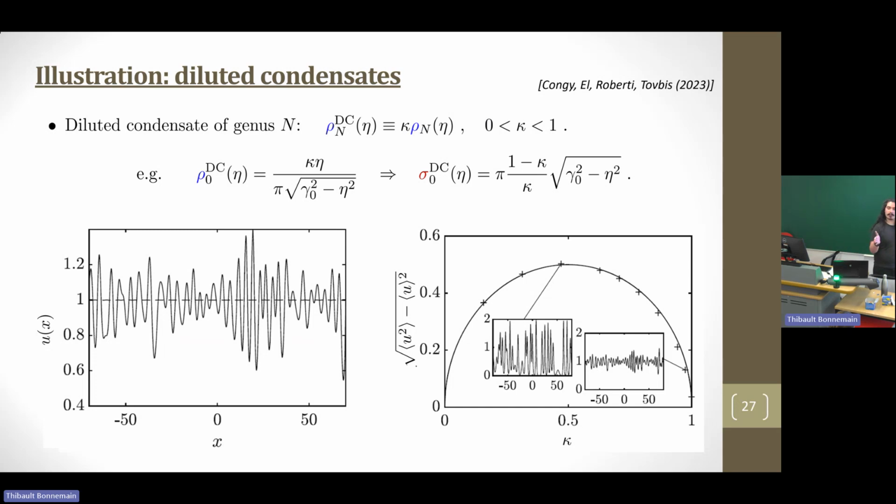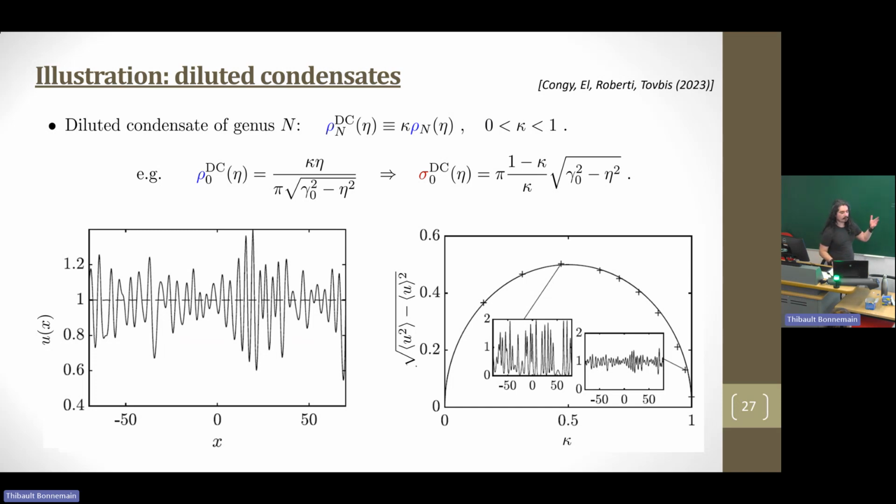That's because you give it more space to roam and interact in more different ways. And then you hit a maximum. You start decreasing with the dilution, because the soliton gas becomes too rarefied, so solitons don't interact as much. Most of the randomness comes from the nonlinear interaction between solitons.